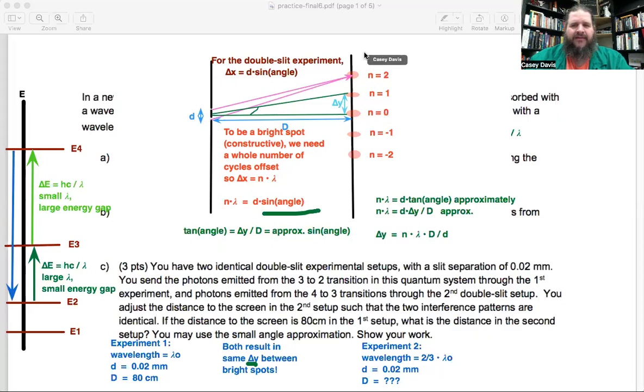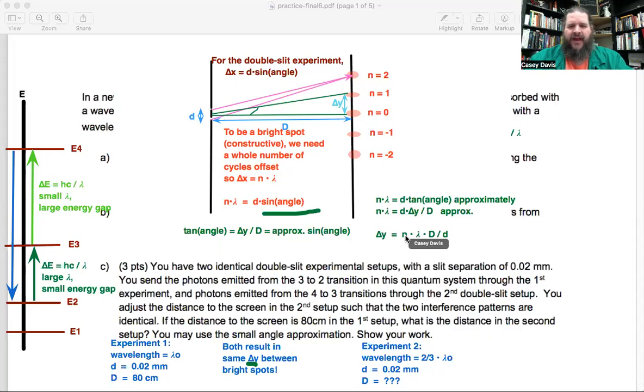So if you wanted to find like the height of the 5th bright spot as measured from the center, you'd use 5 for n. n is just keeping track of which bright spot we're talking about, with n equals 0 meaning the center, n equals 1 meaning the next bright spot away from the center, n equals 2 meaning the next bright spot beyond that, and so on. So exactly from the center bright spot to whatever bright spot we are.